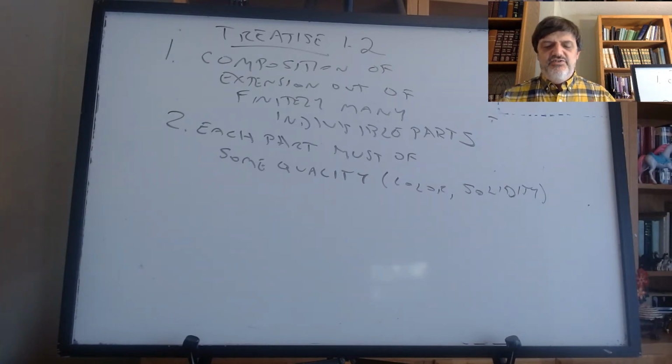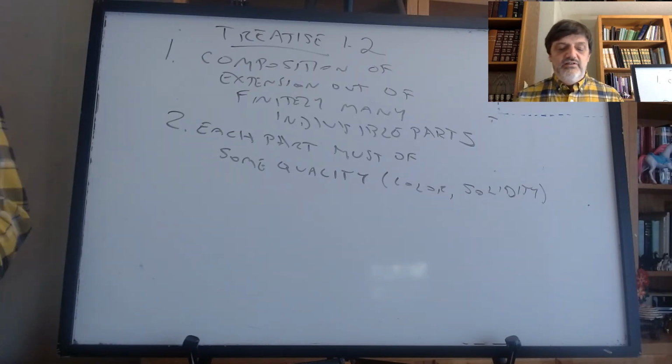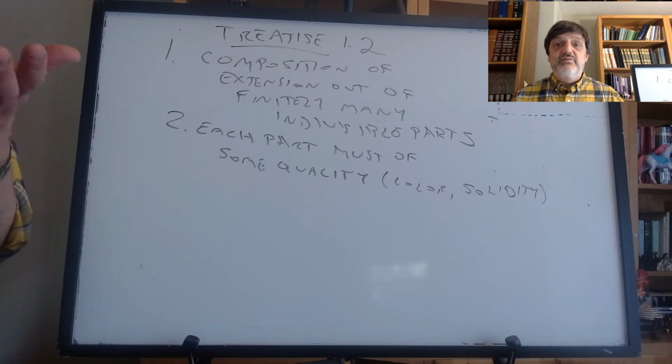To understand this whole section, you have to realize that it's written from the point of view that external objects exist and they're represented by our ideas. Of course, Berkeley never allows that. So when Berkeley says that things are composed of a finite number of indivisible parts, and you ask him, well, do you mean our ideas of things, or the things themselves, he'll say that's the same, right?